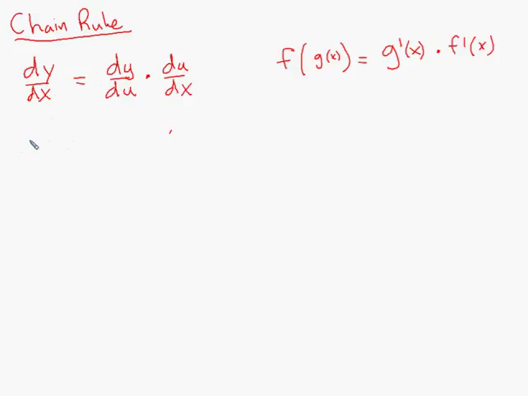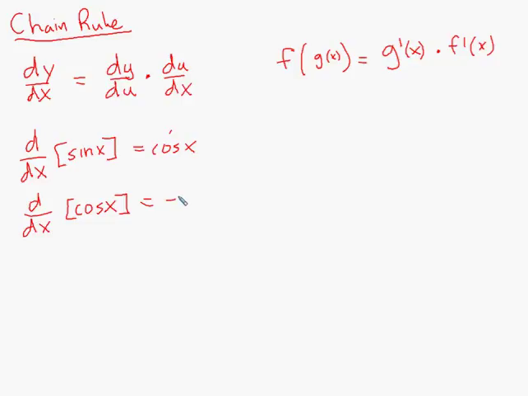Alright, so let's get these up. The derivative with respect to x of sine x is cosine. We're going to want to memorize that. The derivative of cosine with respect to x is negative sine. The derivative of tangent is secant squared x.